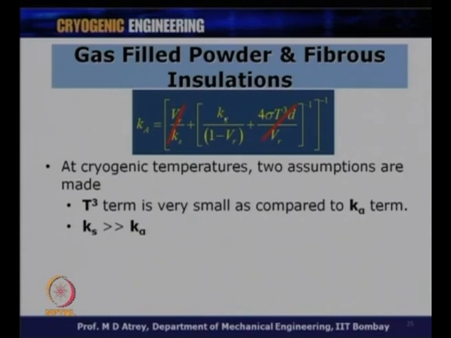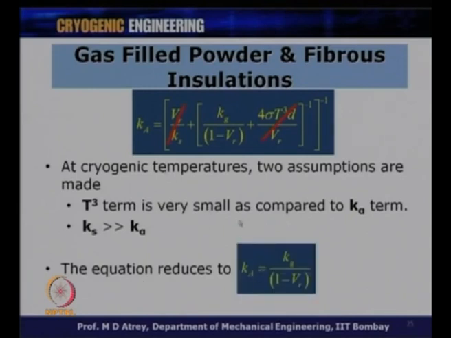The gas conduction part is very less, and therefore, Vr upon Ks becomes a neglected term. So, my equation can reduce down under this assumption to Ka is equal to Kg upon 1 minus Vr.